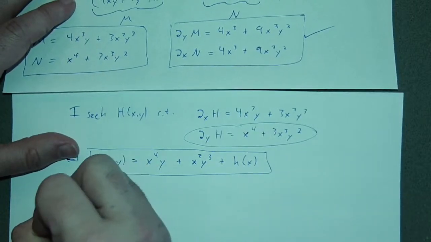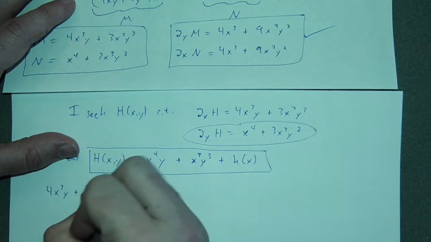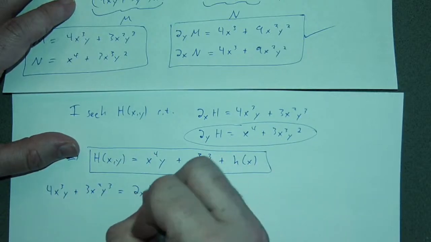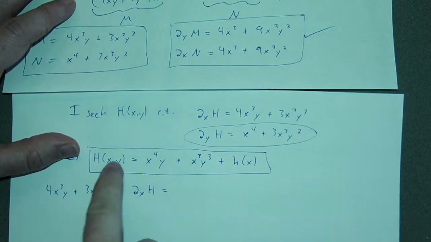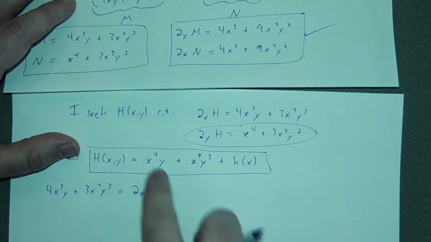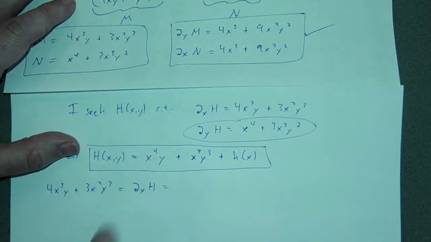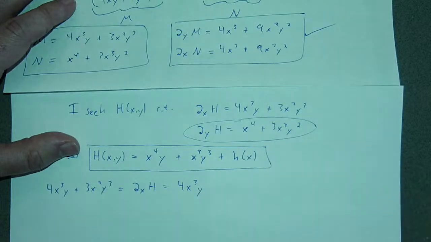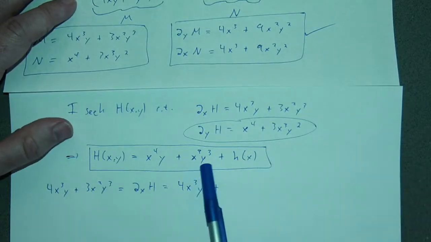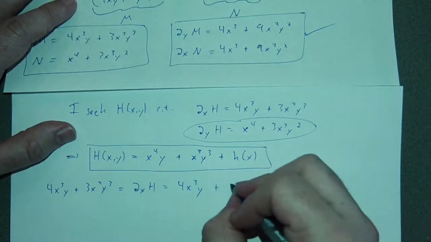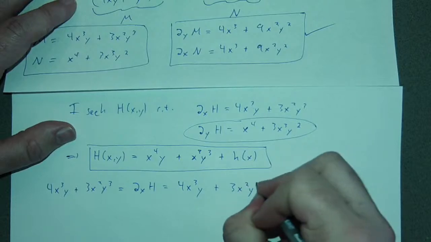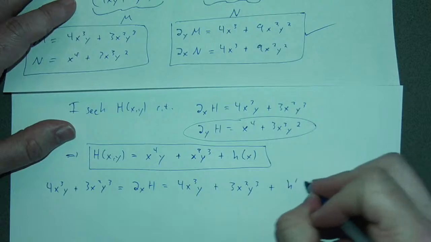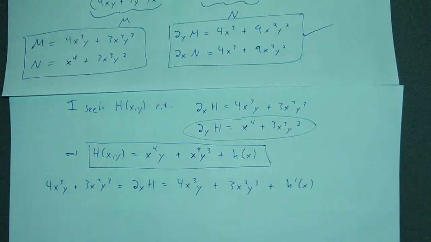So 4x cubed y plus 3x squared y cubed is equal to the x partial of h. But from this thing that I found, I compute the x partial. The partial derivative of x to the fourth y with respect to x is 4x cubed y, plus the partial derivative of x cubed y cubed with respect to x is 3x squared y cubed, plus the x partial of little h, which is the full derivative of little h with respect to x.